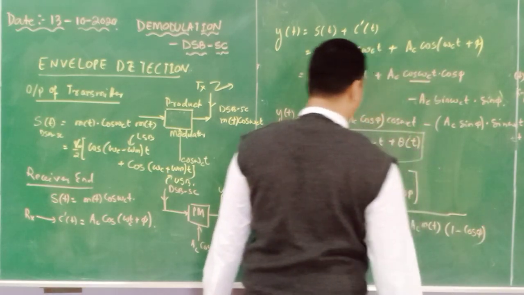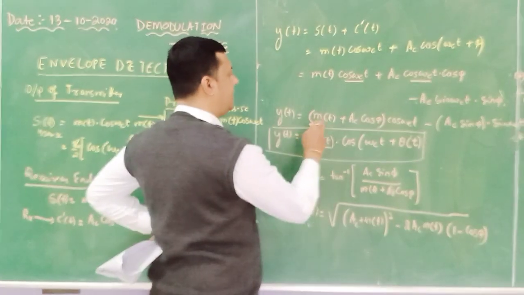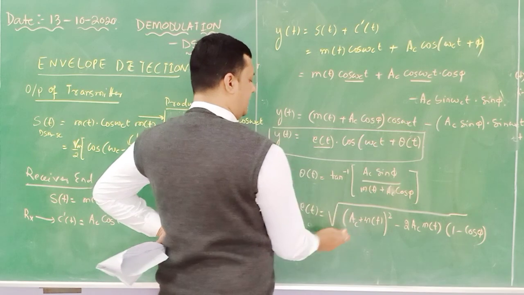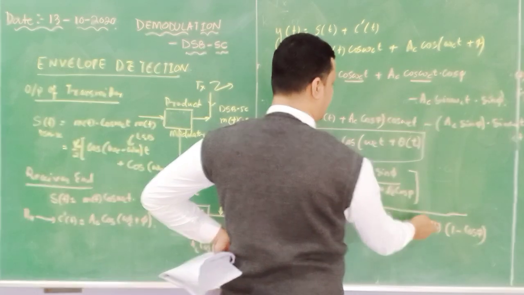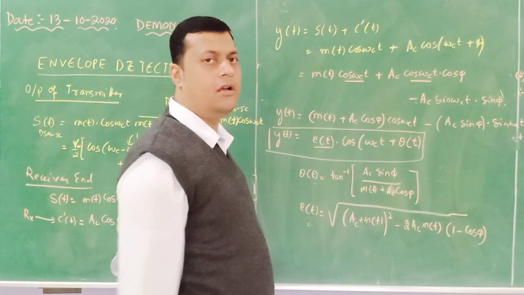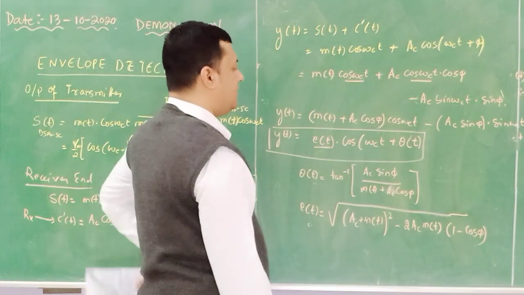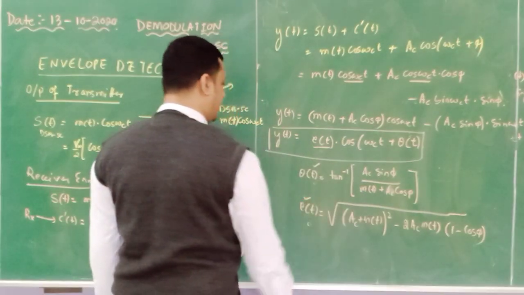So this is the expansion of this particular magnitude. So the magnitude available in this equation is (AC plus m of t) whole square minus 2 AC m of t (1 minus cos phi). So sin square phi is converted into cos square phi. Next, so this is our theta, this is our E of t.